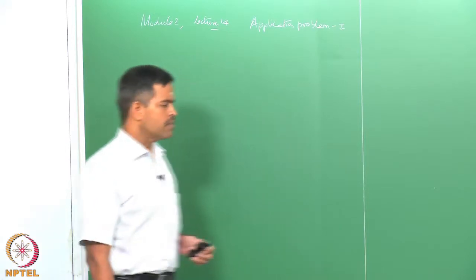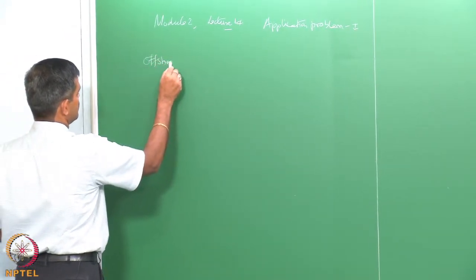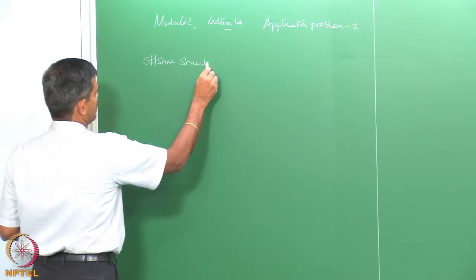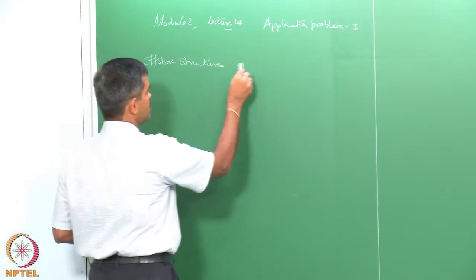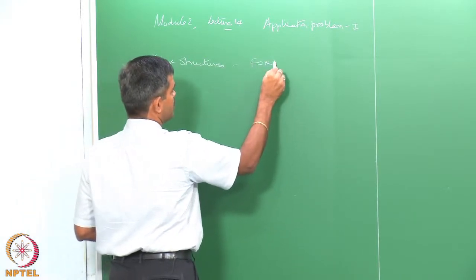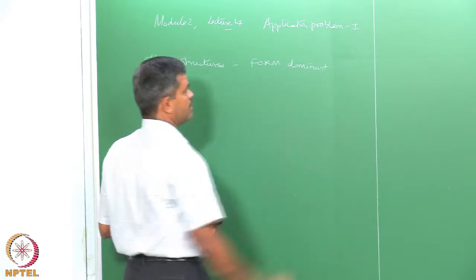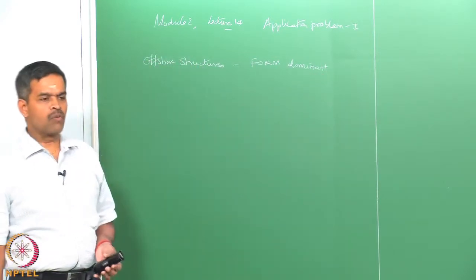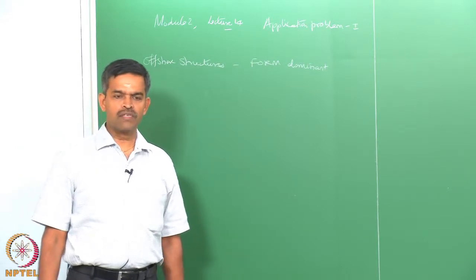As I said, in general, offshore structures have uniqueness because they are form dominant design. Recent developments in offshore platforms have shown very high dependency on different kinds of structural forms.